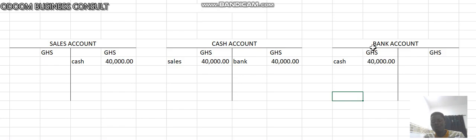When it comes to the bank account too, there will be a debit balance of 40,000 when we balance off this account. And at this stage, I know all of you know how to balance off an account. When we balance the bank account, there will be a debit balance of 40,000. When we balance the sales account, there will be a credit balance of 40,000. But when we balance the cash account, it will be zero, because the debit side is equal to the credit side.